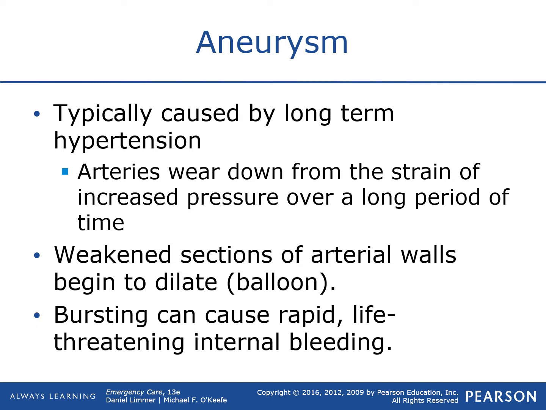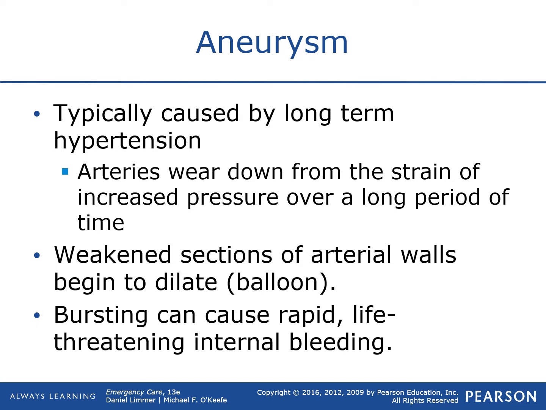So not only do you have a really high pulsating pressure, but you also have high residual pressure at all times in the system. So the muscles are going to wear down over time because they're just being too strained for too long.